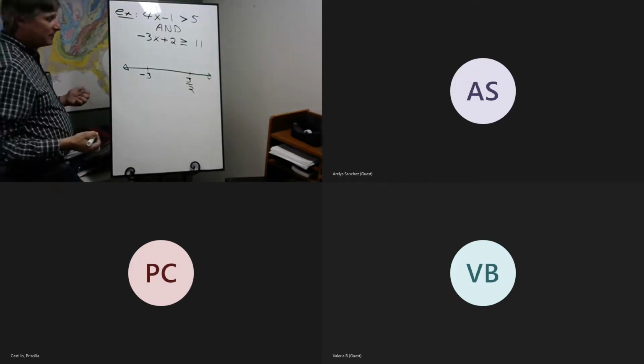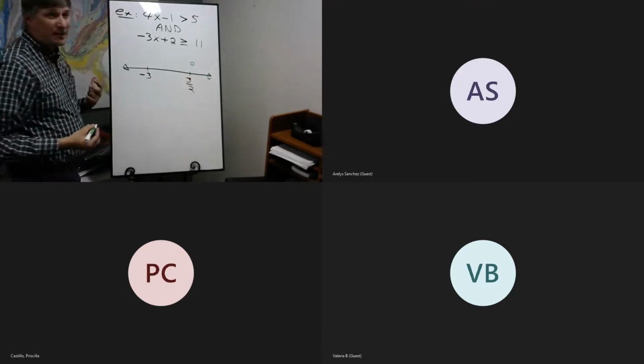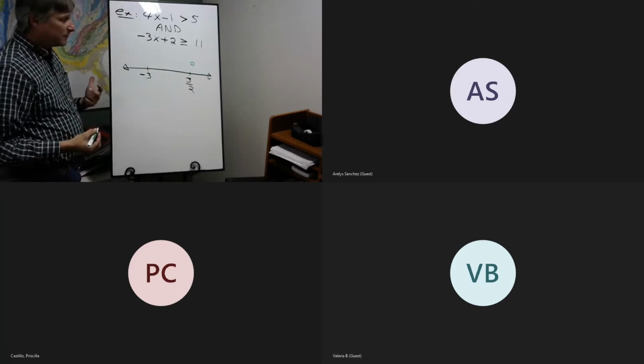So x greater than 3 halves. So it's just greater than. So we don't want any 3 halves to begin with.